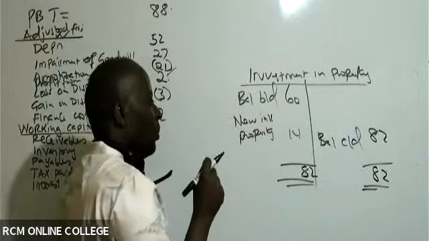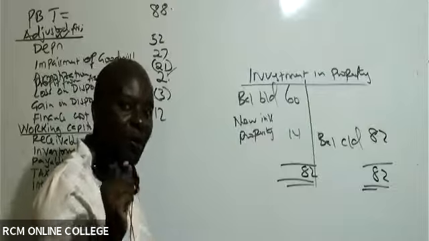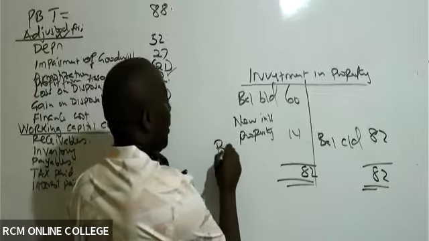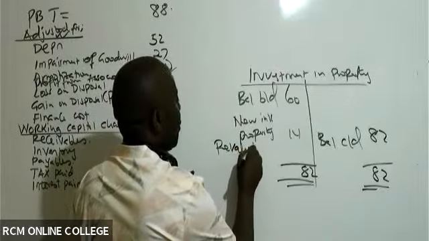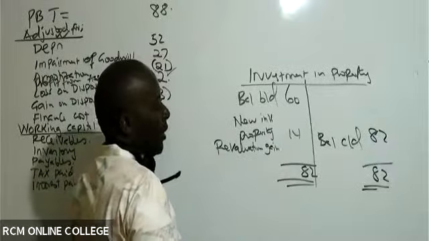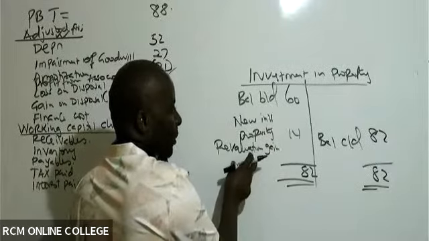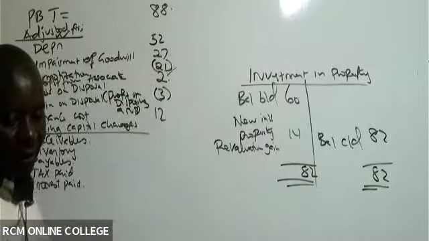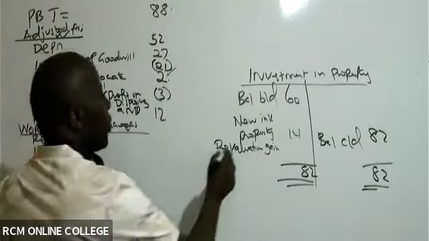The moment they have told me that their investment properties are fair valued, then I know there must have been some revaluation. So we have a revaluation gain. It's a gain because it's on this debit side. So 82 minus 14 minus 60 will give me 8.